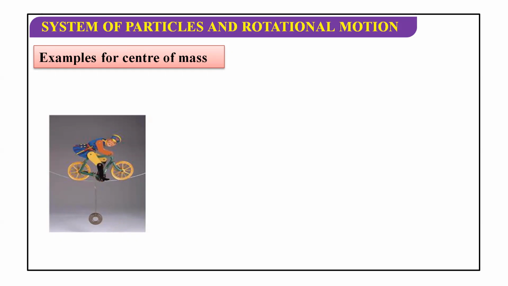Similarly, you'll see some persons who have a big rod in their hand and they will walk on the rope. How are they walking? Tell me. Why do they need the rod basically? Balance, the center of mass, yes. So again, what are they trying to do? They are trying to maintain their center of mass on this rope. If the center of mass is falling on the rope, no problem.